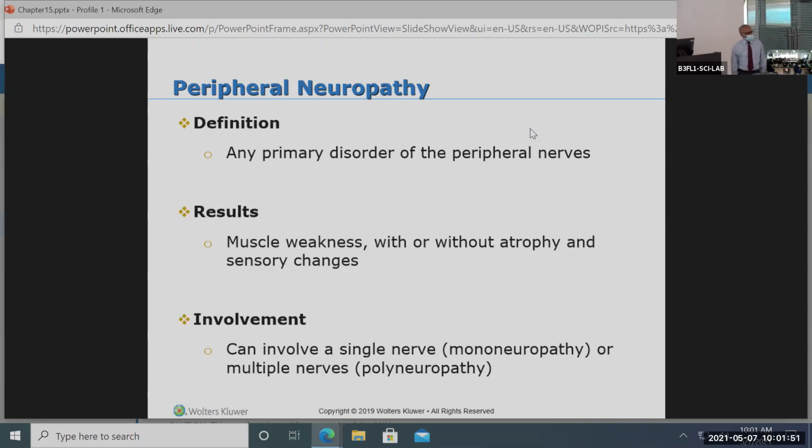Trigeminal neuralgia, facial palsy, median nerve, these fall under mononeuropathy. There are others, but remember all this, because I think they discuss it in the book also. Okay.